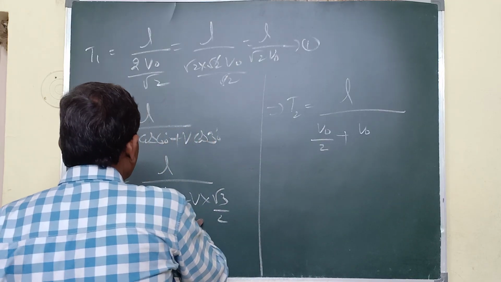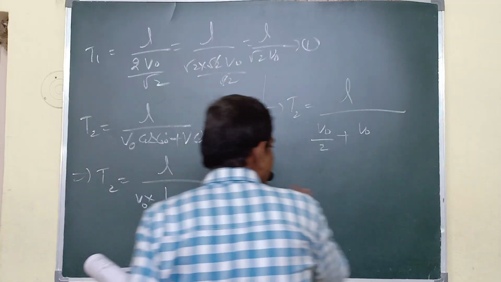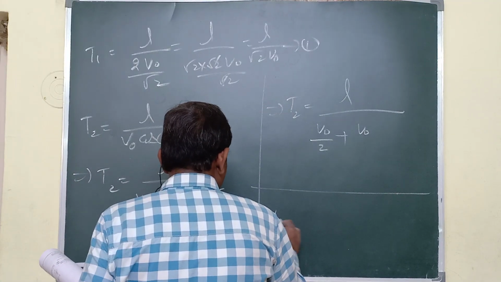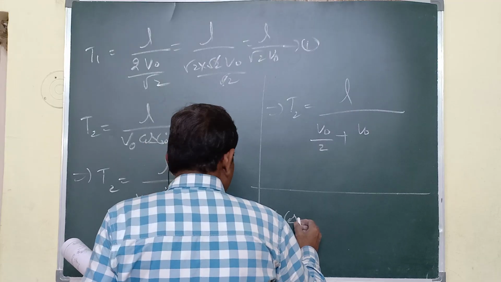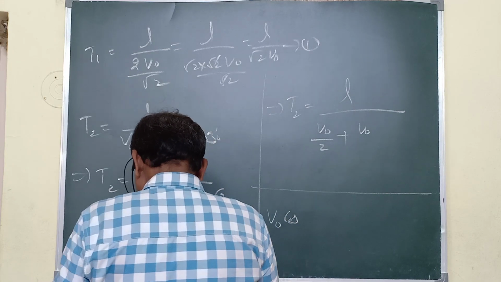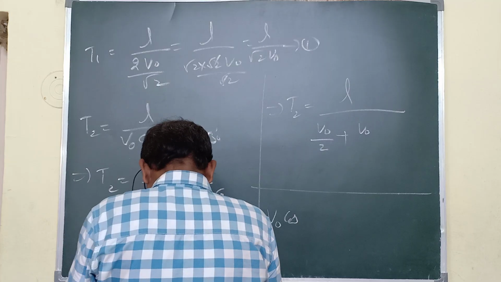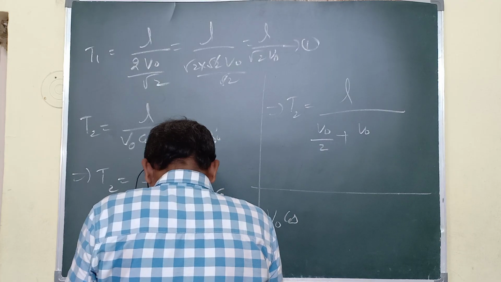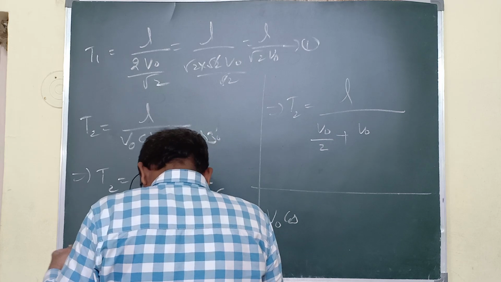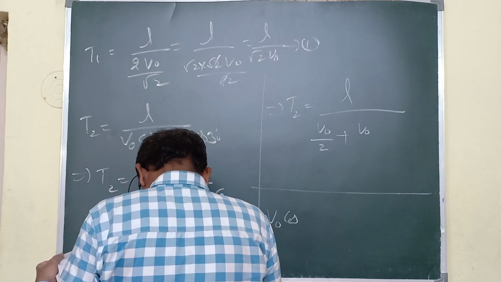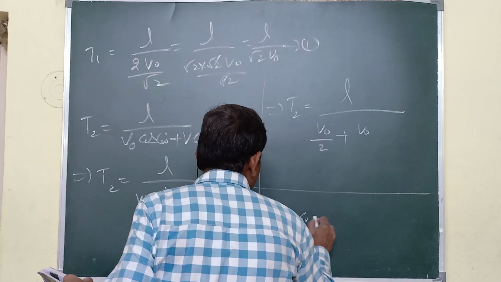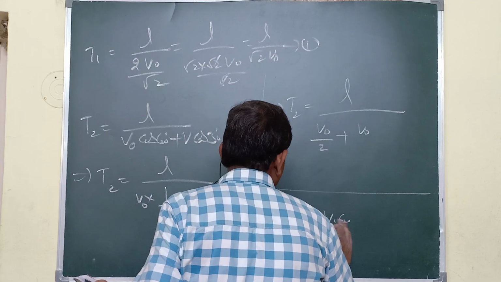What is this value? Here V naught cos 60 equals V cos 30.